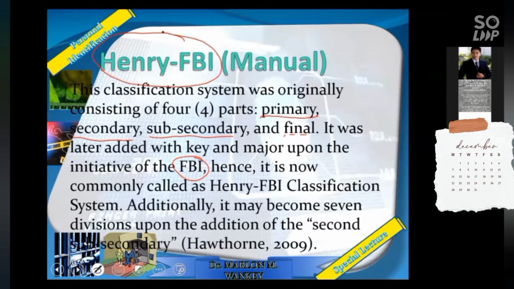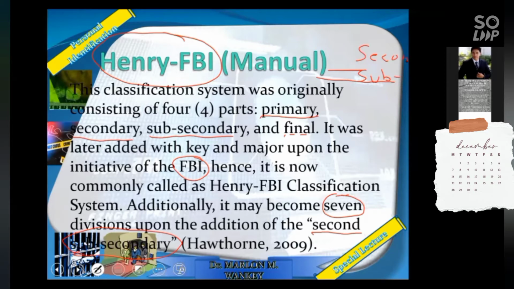Additionally, it may become 7 divisions upon the addition of the second sub-secondary classification. The second sub-secondary classification is placed on top of the sub-secondary.